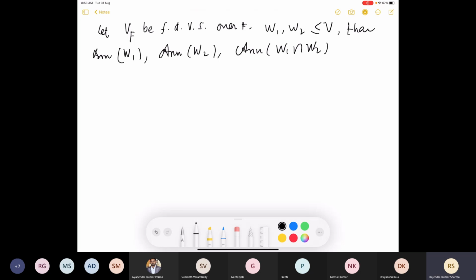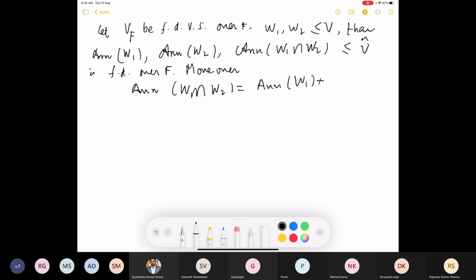Each is finite dimensional, and each of them is a subspace of V hat, finite dimensional over F. And moreover what you can check is that the annihilator of the intersection is actually the sum of the annihilators, annihilator W1 plus annihilator W2.